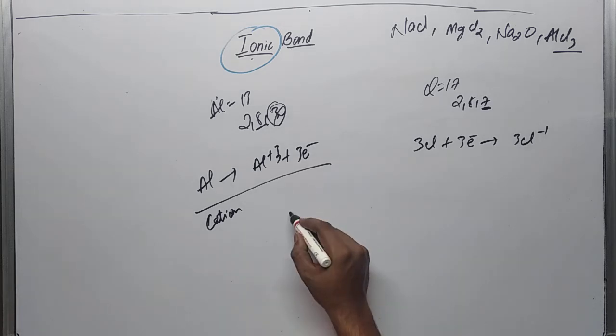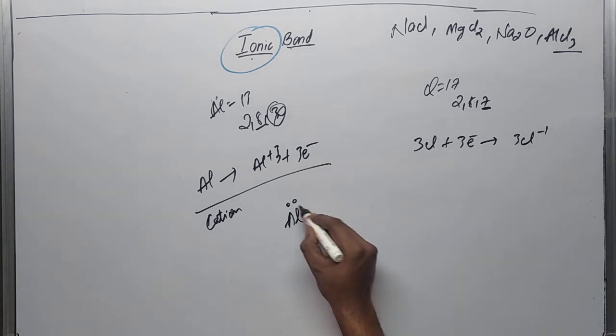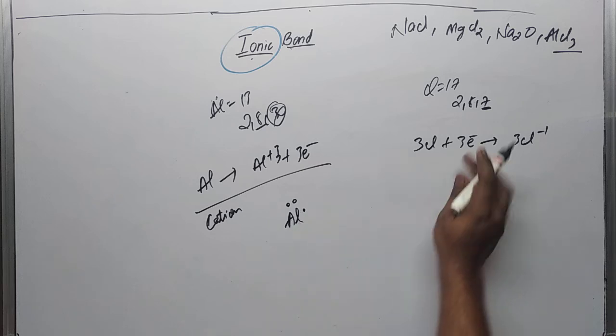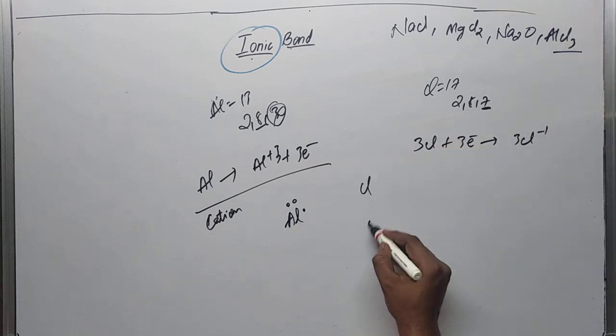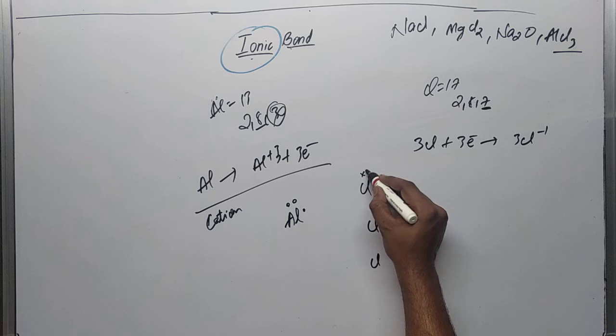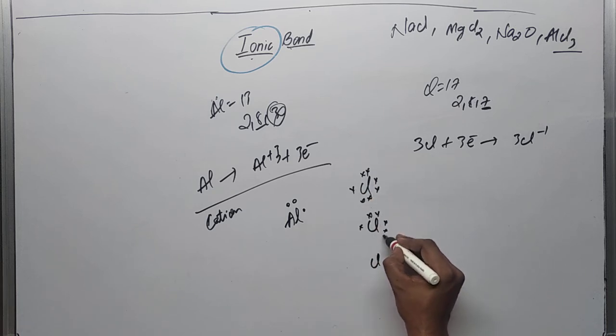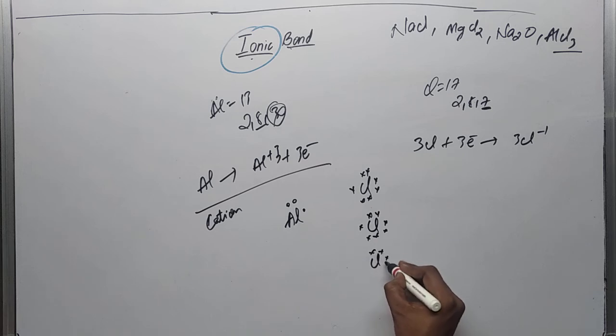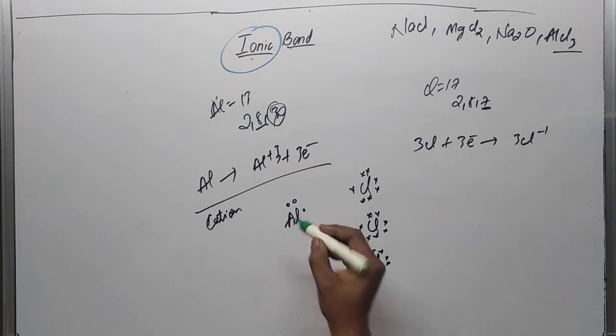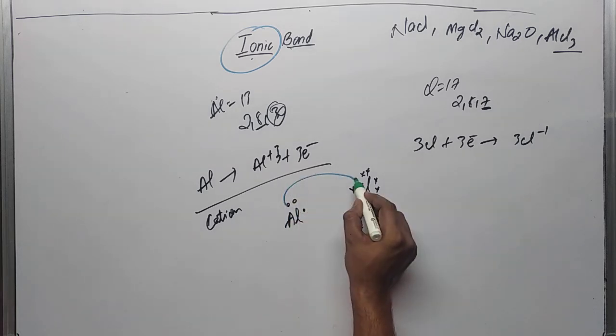Okay. So if I draw the Lewis dot structure of aluminum, aluminum has 3 electrons in the last shell, and here we have 3 chlorines, 1, 2, 3. Each chlorine has 7 electrons in the last shell. Now the chlorines want to become stable, they need 1 electron each, so 1 electron will transfer from aluminum to each chlorine.